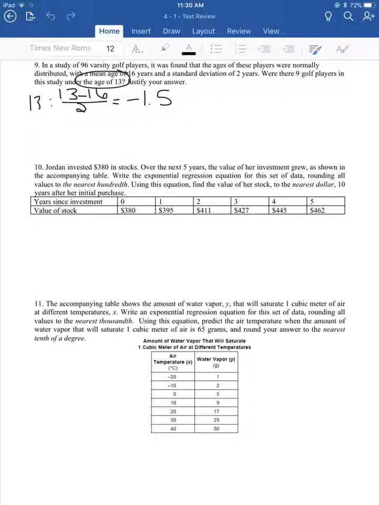Okay, the key word here is under the age of 13. So this then has to be my upper boundary. And my lower boundary is where I'm going to type in a whole bunch of negative 9s. So I have to figure out what percentage this is.